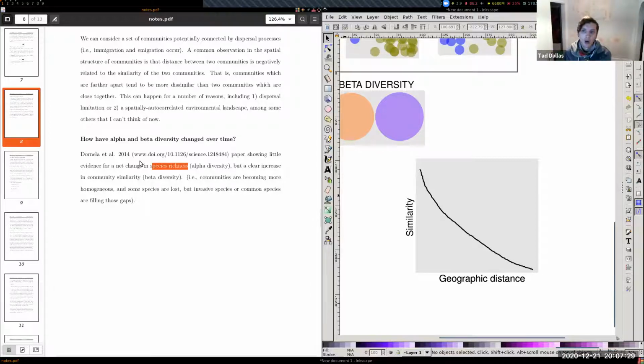And so what we didn't see when looking at alpha diversity made more sense when we considered beta diversity. It's a reminder that these different components of diversity may require the researcher to consider them jointly.